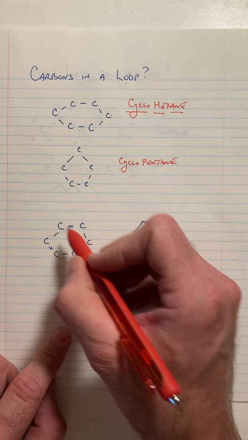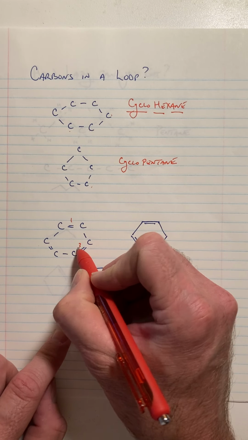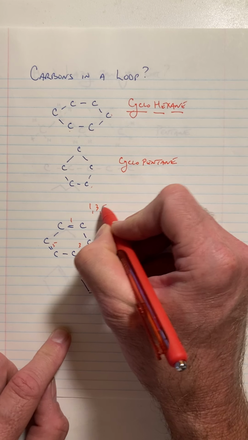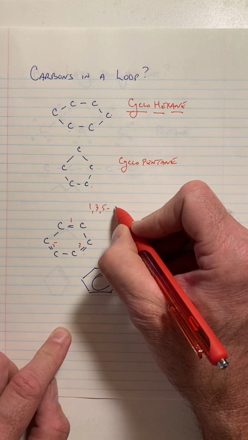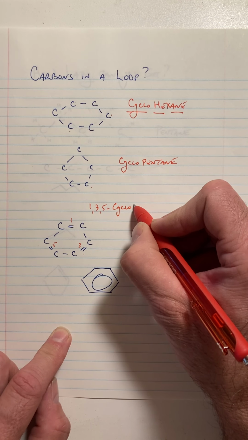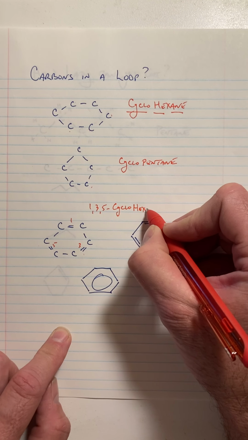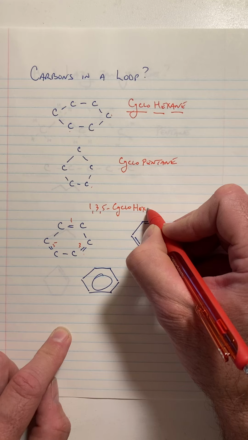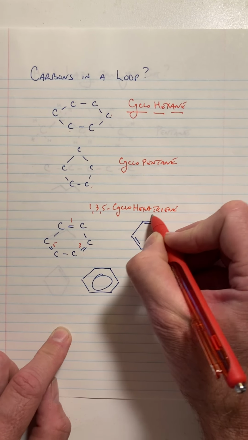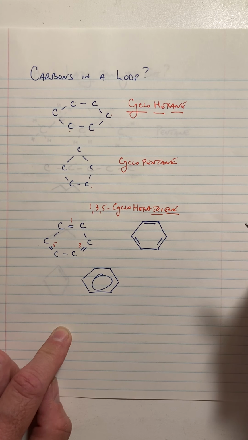And we would put the double bonds in the first position, the third, and the fifth. So you could call it 1, 3, 5, cyclohexatriene, because there are 3 double bonds.